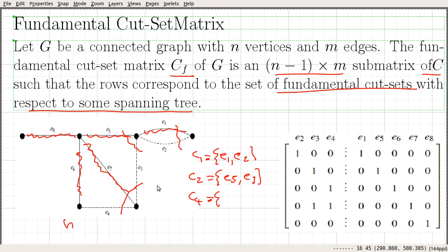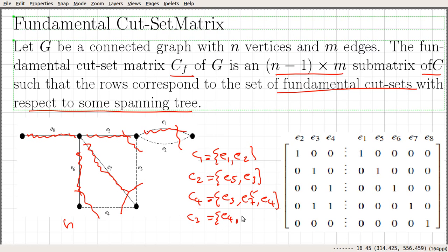So C4 contains E3, E7 and E4. It contains exactly one branch edge E7 and two chord edges. And C1, C2. Let's consider these two edges E6 and E4.